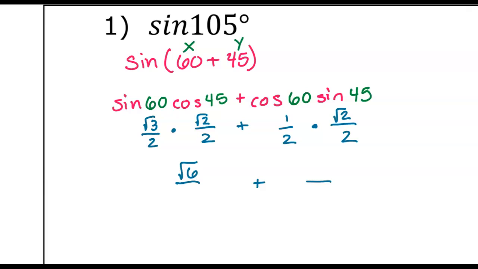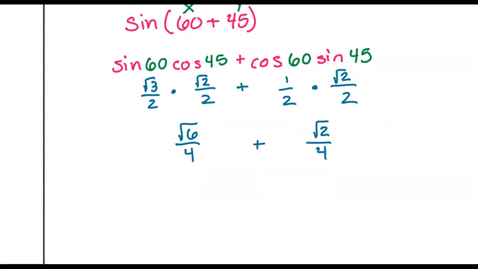And then what does the denominator become? 4. 2 times 2 is 4. So then what does the right-hand multiplication become? Yes, square root of 2 over 4. If you've done this correctly, you should end up with like denominators so that you can immediately add these together.